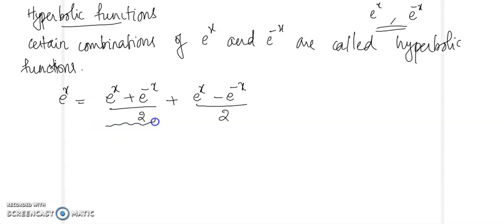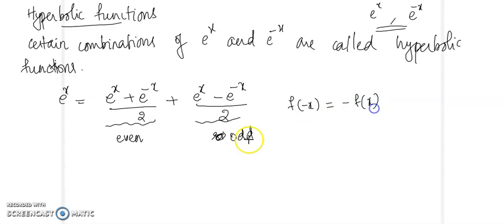Now if you look at the first term, you can see that this is an even function. If you replace x by minus x, again you get the same value. The second term, on replacing x by minus x, is an odd function. So when you take f of minus x, that will be equal to minus of f of x.